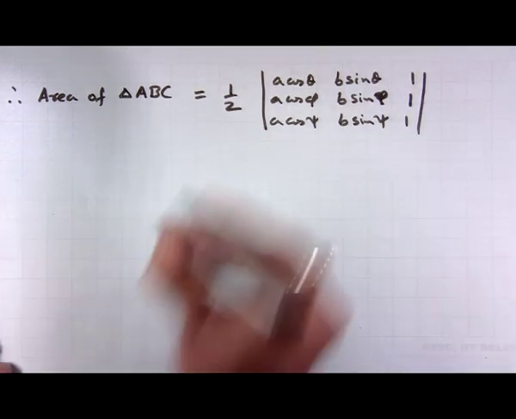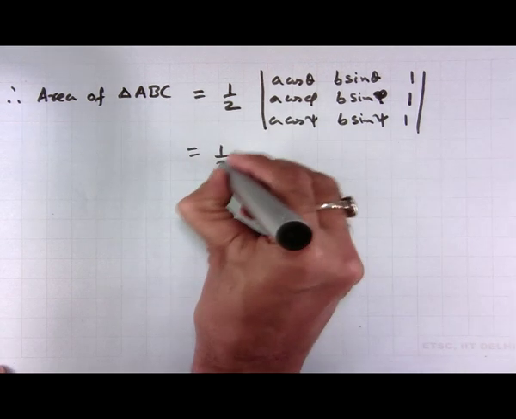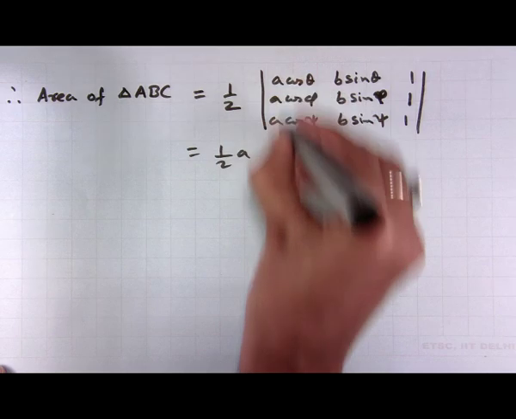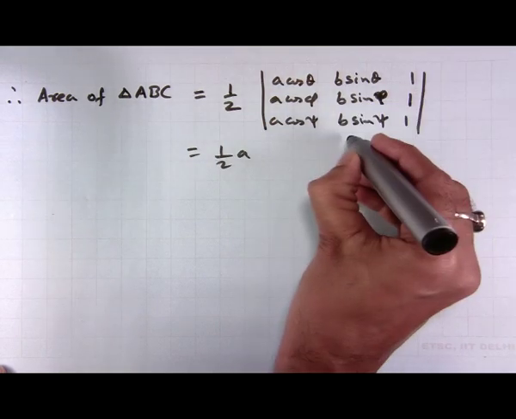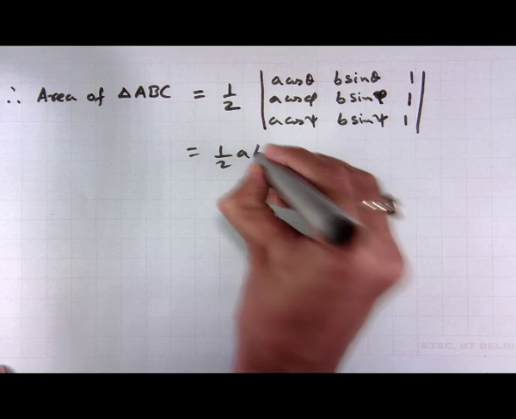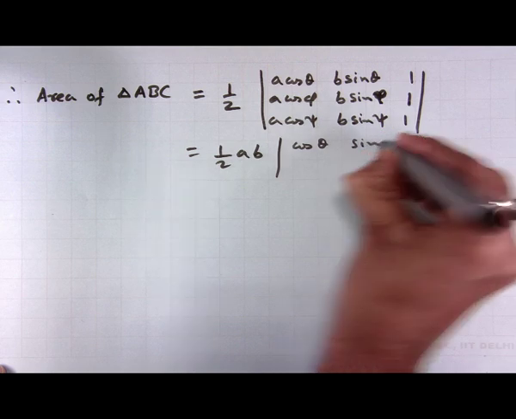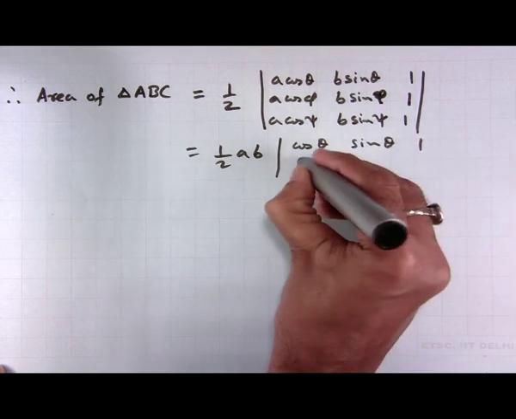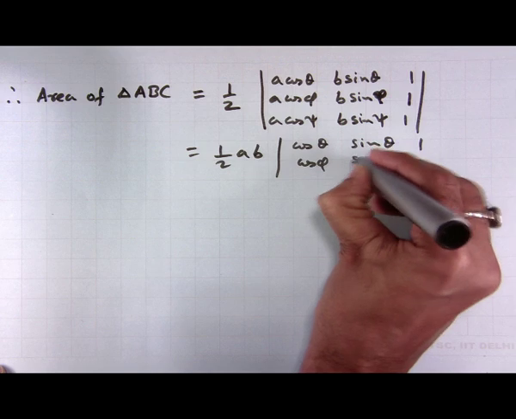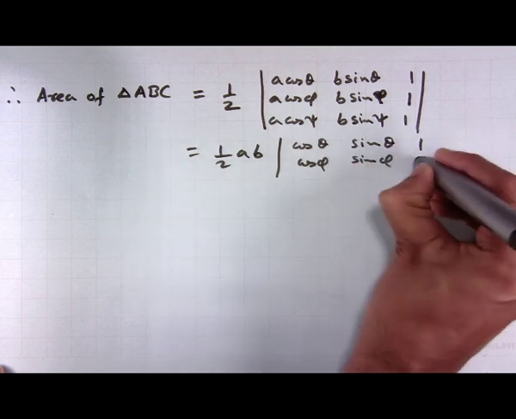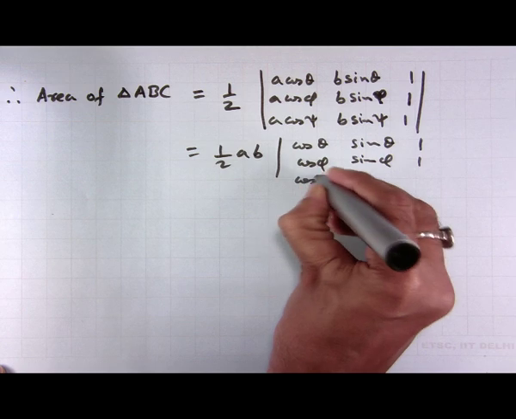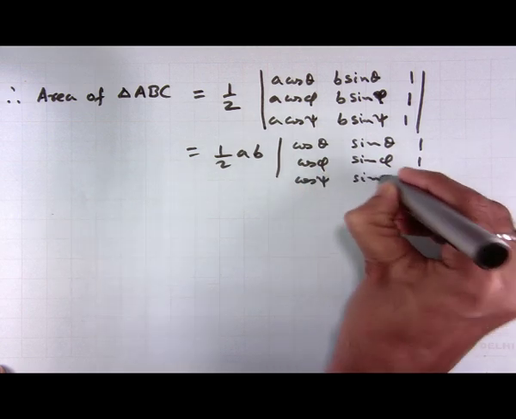This is equal to half, A is common from the first column and B is common from the second column. So, half A B times the determinant cos theta sin theta 1, cos phi sin phi 1 and cos psi sin psi 1.